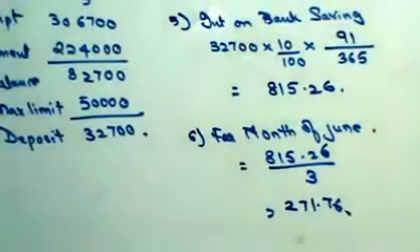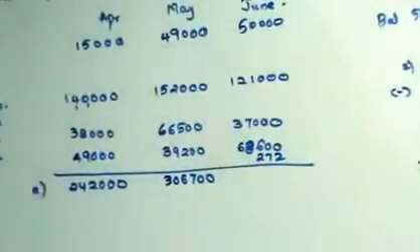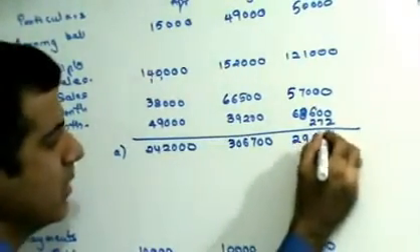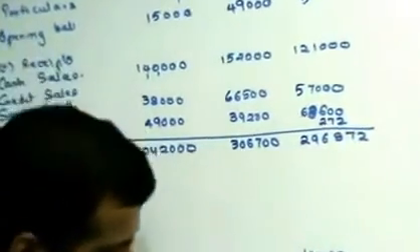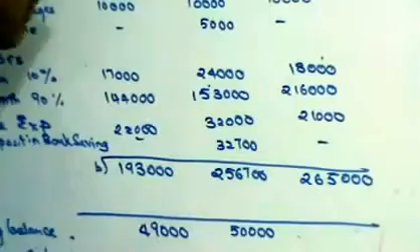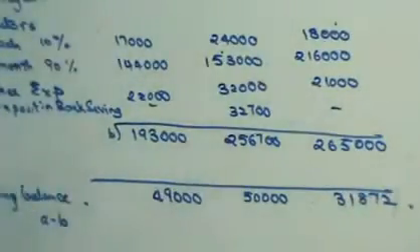Right now this is for 1 month. So at the end of June, how much interest should I pay you only for 1 month? Please divide by 3. Someone please add this. Someone give me this balance. 296,872. And this was 2,65,000, right? 65, 75, 85, 95, 31,872, right? That finishes your sum.